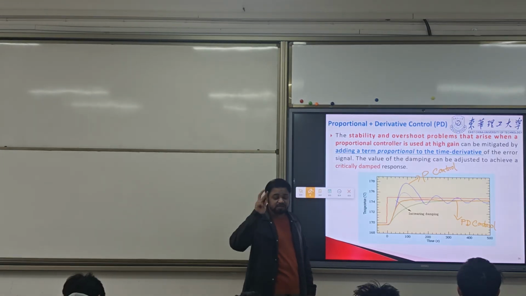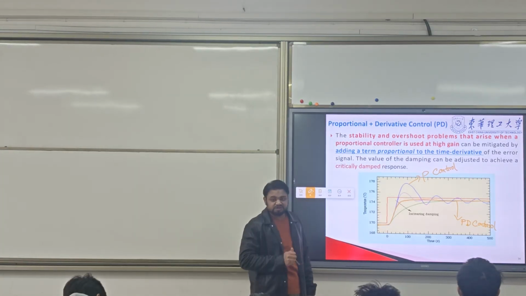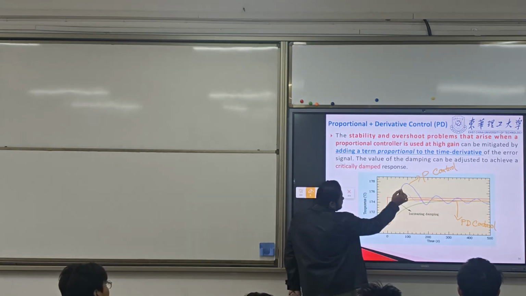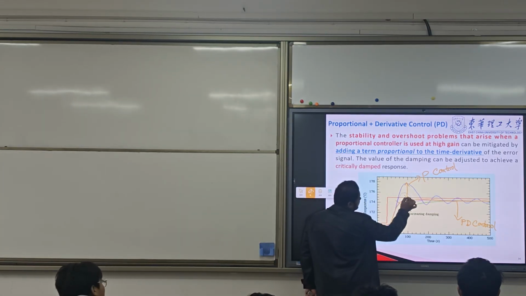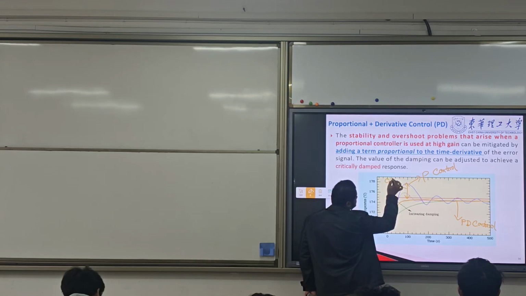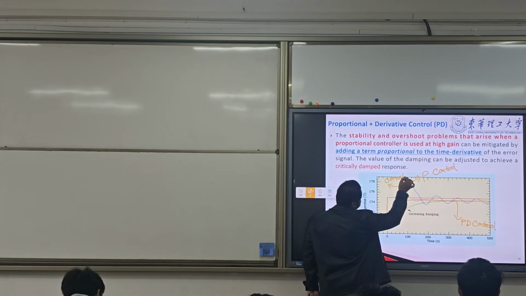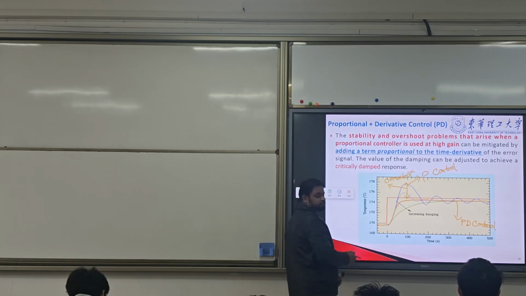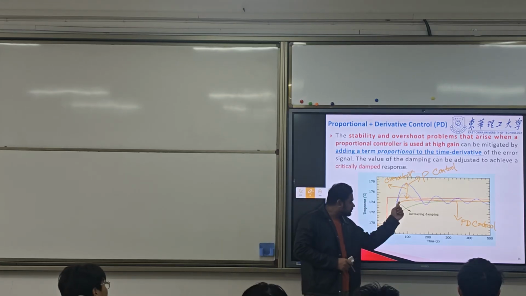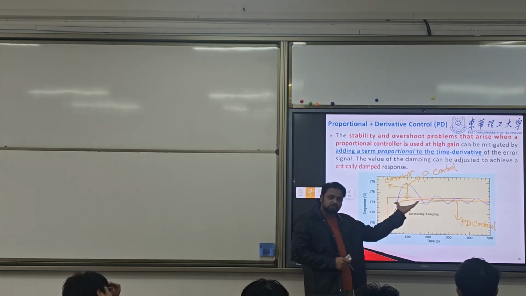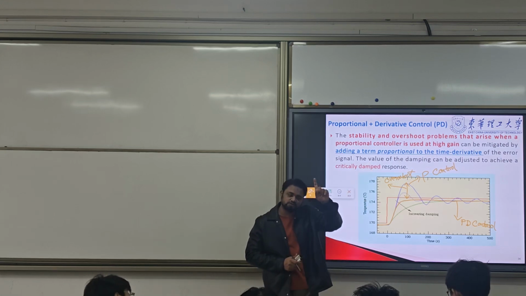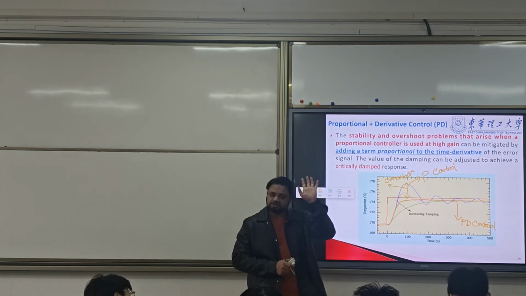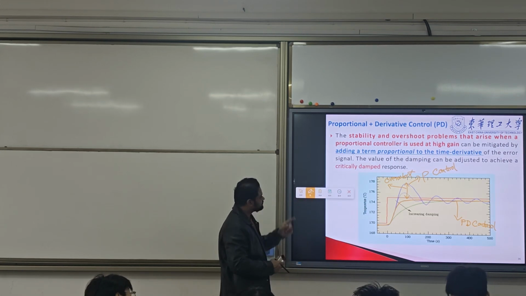Now, why do you use a PD control? It has one very important advantage. Look, this is called overshoot. In PD control, there is no overshoot, so it will reduce the overshoot. This is one very important advantage.